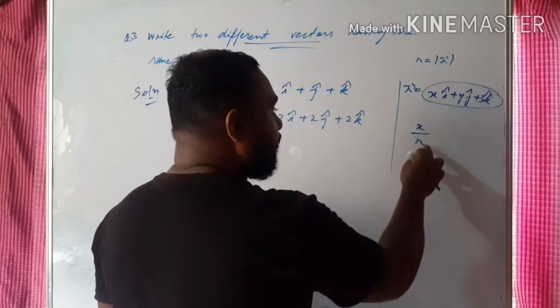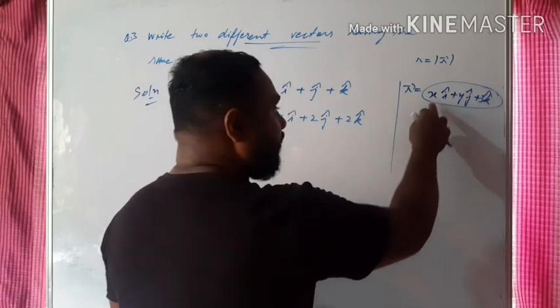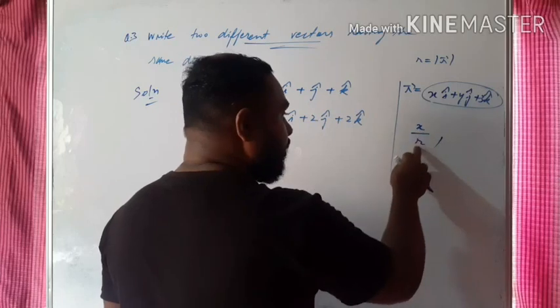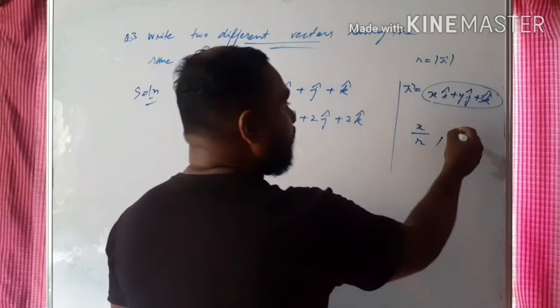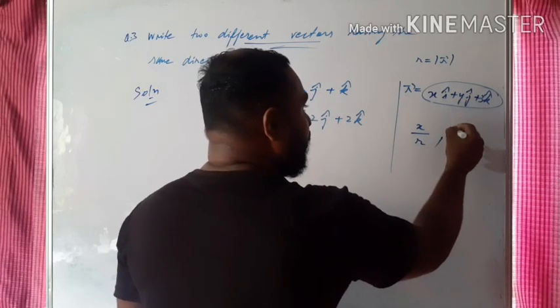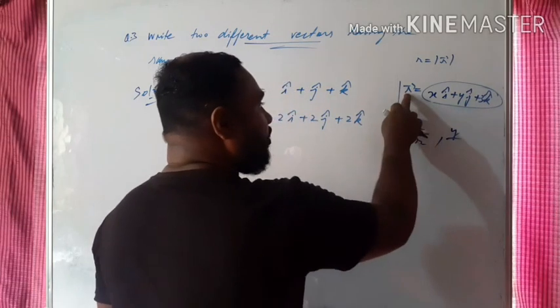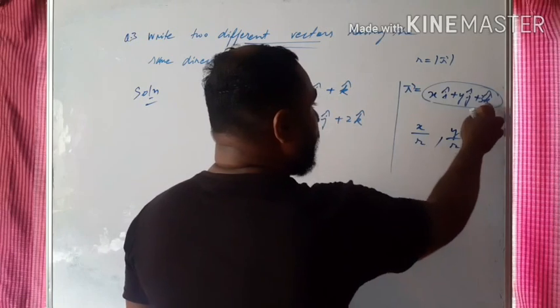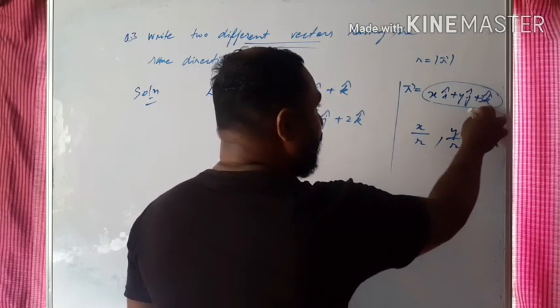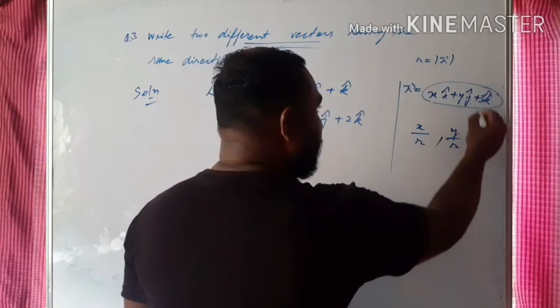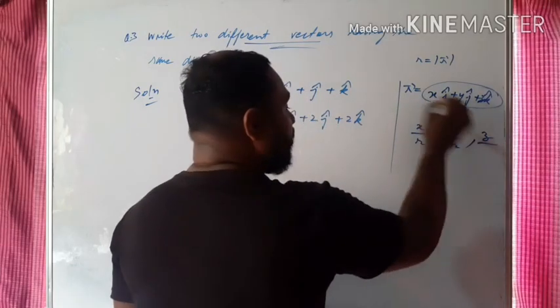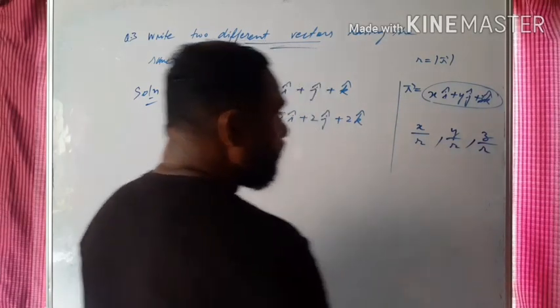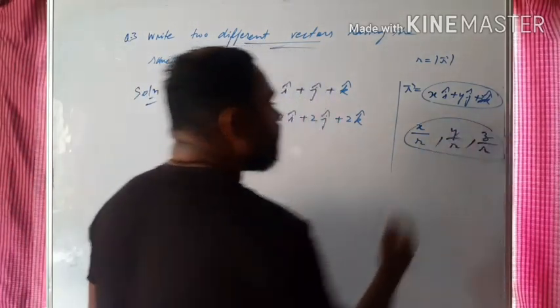So x divided by r, the i component divided by the magnitude of that vector, the j component divided by the magnitude of that vector, likewise z, the k component, divided by the magnitude of the vector. So this gives the direction cosines.